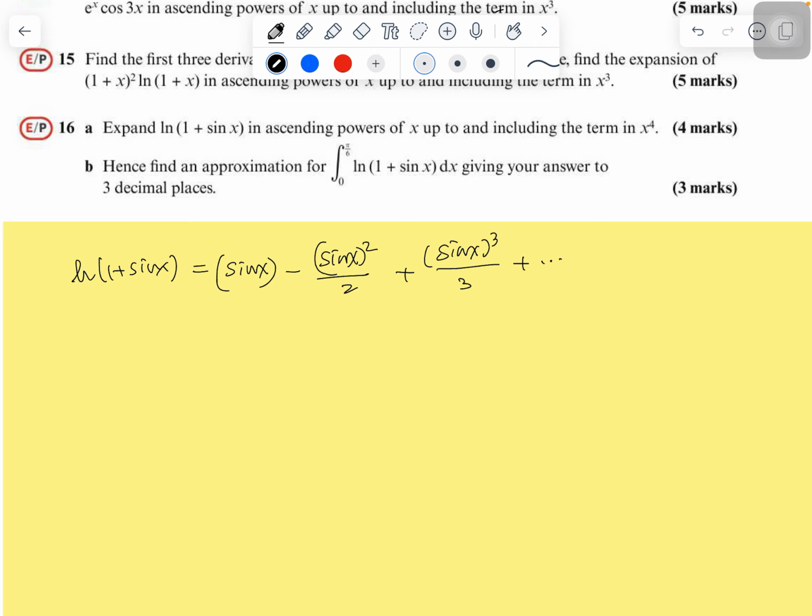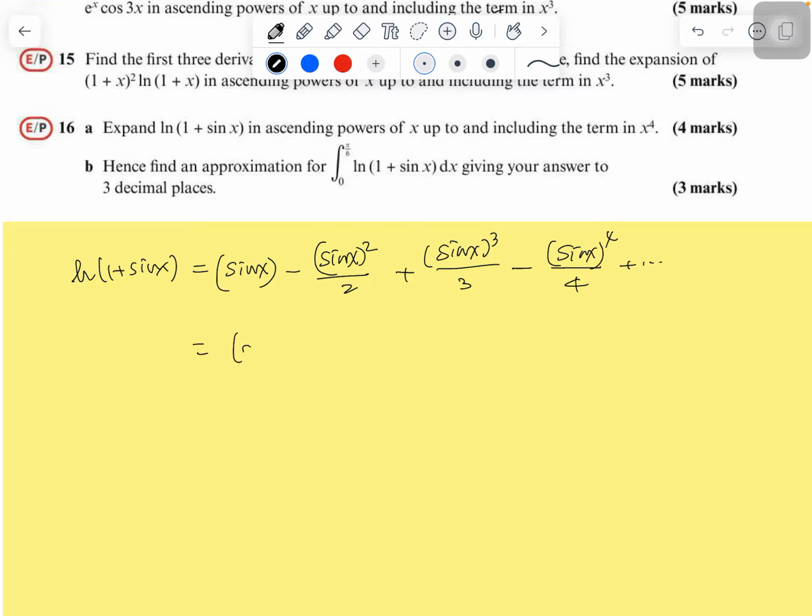Oh, to the power of 4. Yeah, sine x to the power of 4.